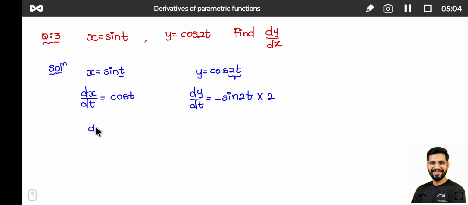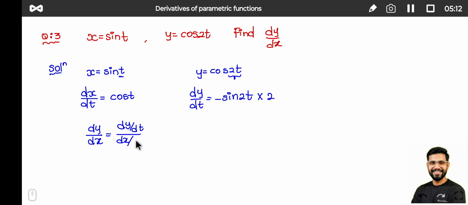So we have to find out dy by dx. dy by dx is nothing but the derivative of y with respect to t upon the derivative of x with respect to t. So substitute the values. The derivative of y is minus sin 2t into 2. In the denominator we have the derivative of x, which is cos t.